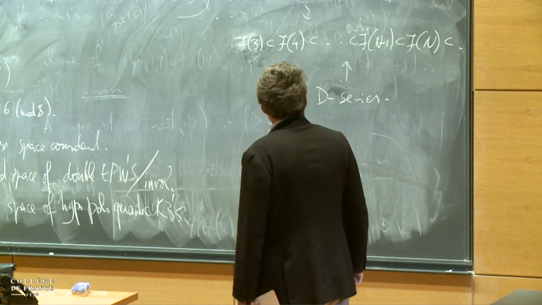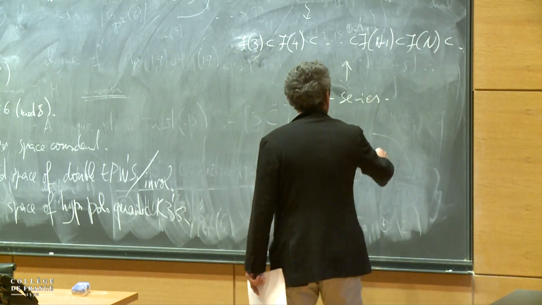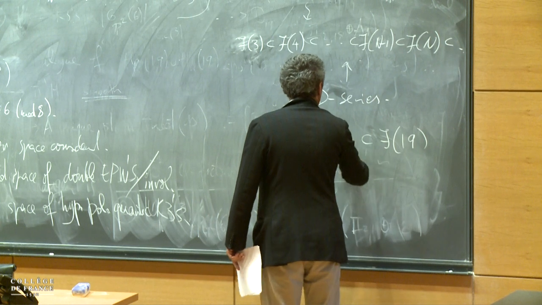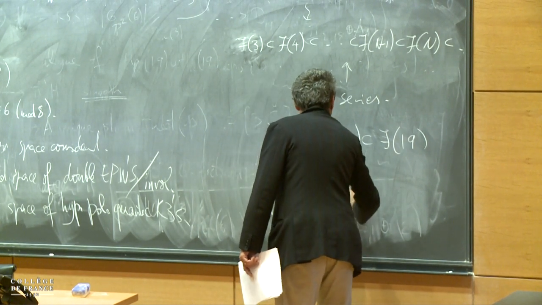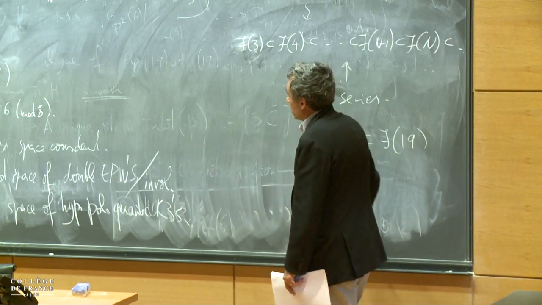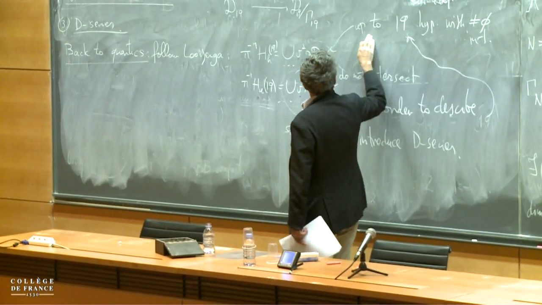And what happens is that now if you look at F19, this is exactly the hyperelliptic Heegner divisor, what caused all the complications in the period map.